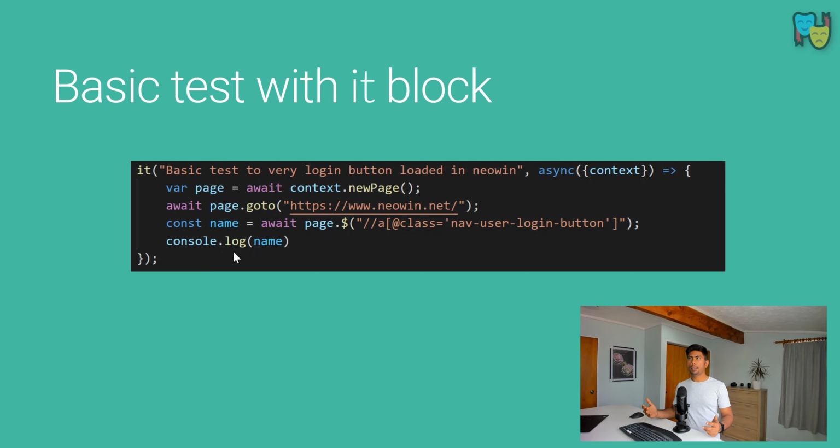And you can see that this is how the basic test of the it block is going to look like. So basically in here you will have a Jest-like workflow, like describe, it and expect. If you're familiar with Jest, even Jest Puppeteer, you will see the same kind of workflow available even in the Playwright Test Runner, and it's pretty cool. You can see that it has an it block, and there is something called async of the context.